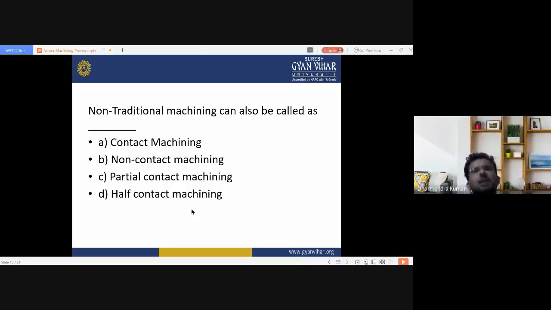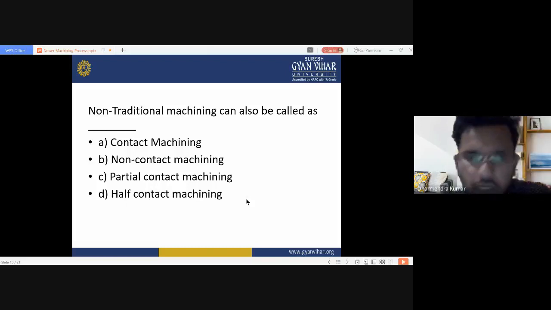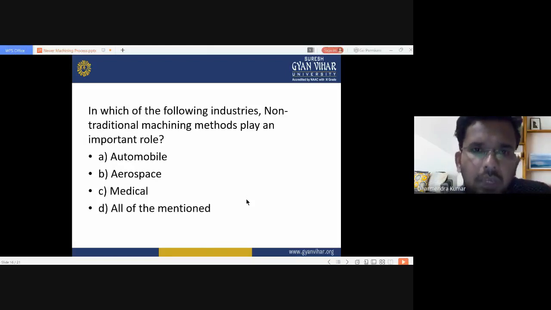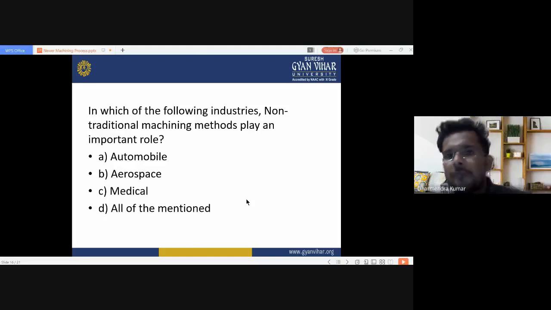Partial contact machining and half contact machining are also associated with conventional machining. In which of the following industries does the non-traditional machining method play an important role?